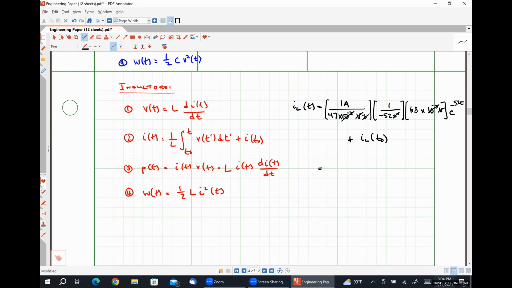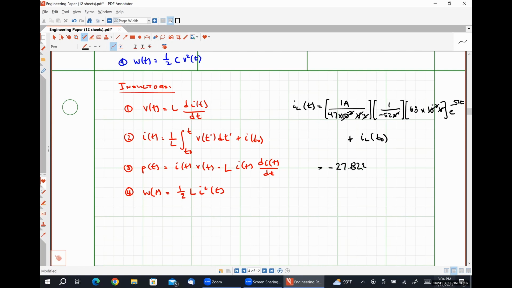So 68 divided by 47 times negative 52 gives me negative 27.823 e to the minus 52t plus IL at T naught milliamps. So I now need to figure out how to determine IL at T naught.